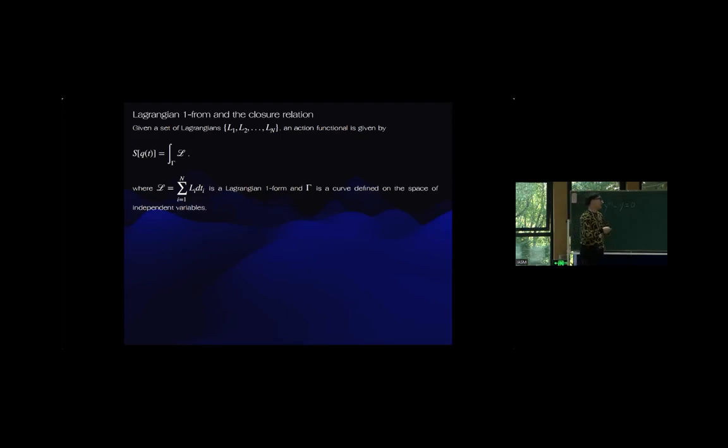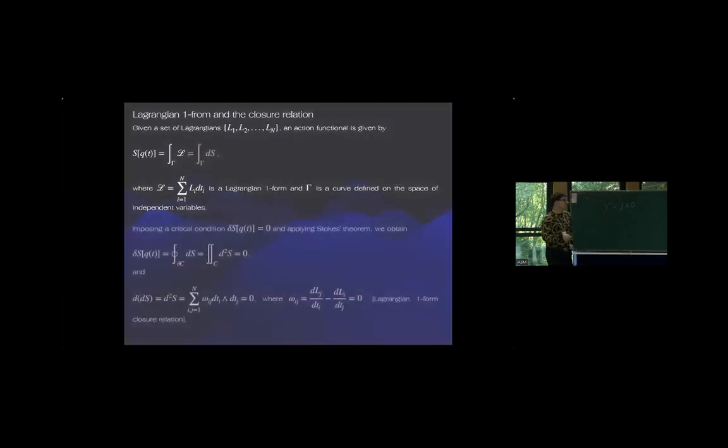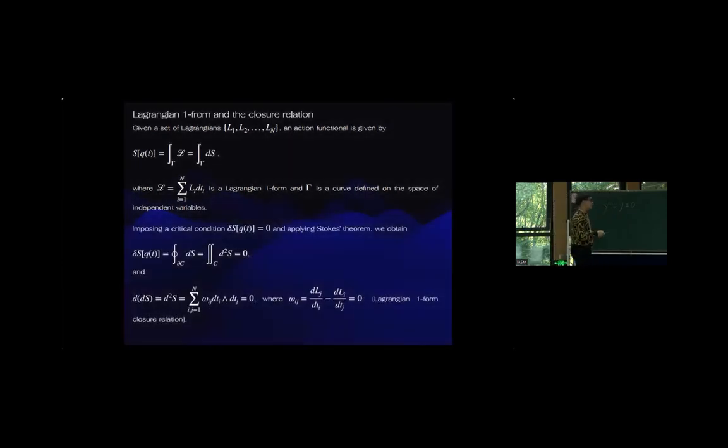Okay, and so now the action functional can be written in this form, where this fancy L is nothing but the one-form Lagrangian, and this gamma is a path defined on the space of time variables. Okay, so we're going to look at the critical condition on this action, where we have two layers.